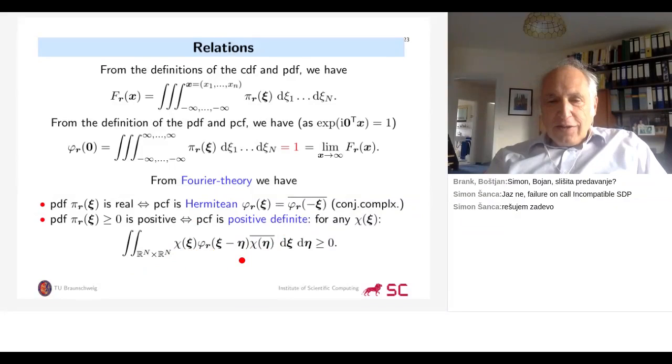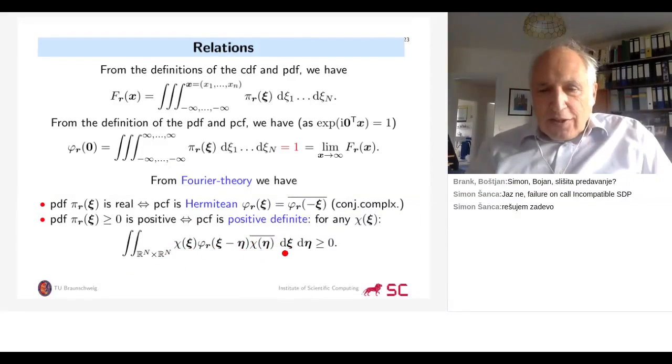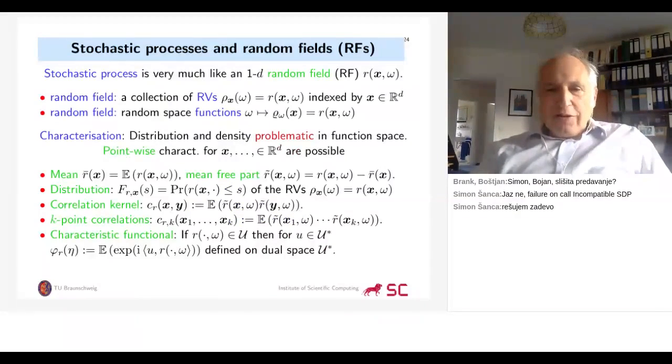If I do this here, sorry, this was wrong here. There should be a key. Oh, no, I have a key here. Because these are complex functions, I have to take the complex conjugate. So if I do this, there's something which is always larger or equal than 0. And this larger or equal than 0 corresponds to this larger or equal than 0. Good. So these are relations.